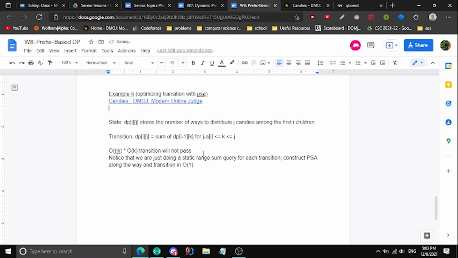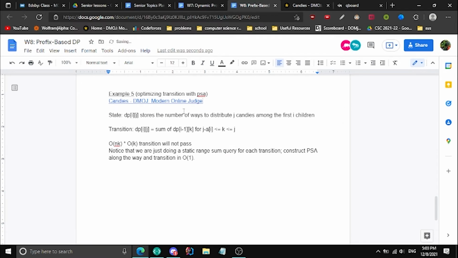So we need a second dimension here so that we can transition effectively. So we're going to let dp at i at j store the number of ways to distribute j candies among the first i children. So now we know exactly how many candies they've distributed, as well as the prefix of children that shared this amount of candies.